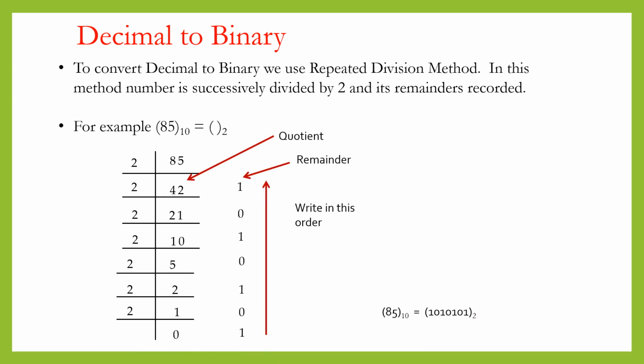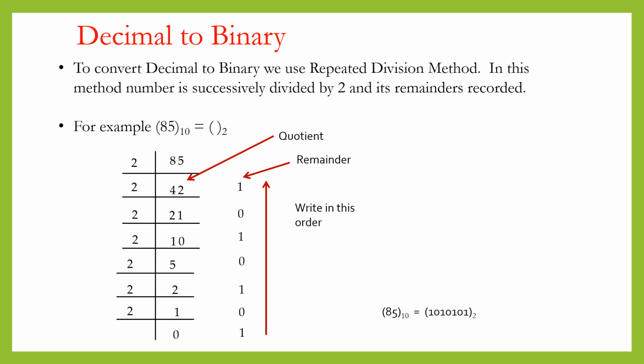Students, now we are going to use the repeated division method to convert decimal to binary. In this method, the number is successively divided by 2 and its remainders are recorded. Let us now convert our decimal value 85 to its binary value. First divide the decimal number 85 by 2, quotient 42 and remainder 1.